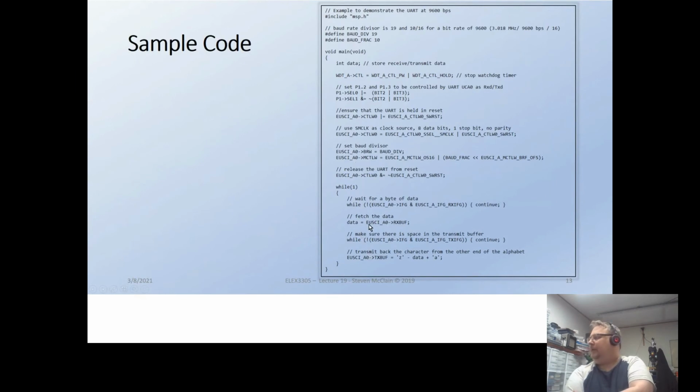And then we're going to get the data out of there and throw it into our data place. Right now we're just going to store it into that variable. And then we're going to go into this busy loop where we're going to wait until this flag gets set. And when that flag gets set, that tells me that there's room in the TX buffer to set some data.